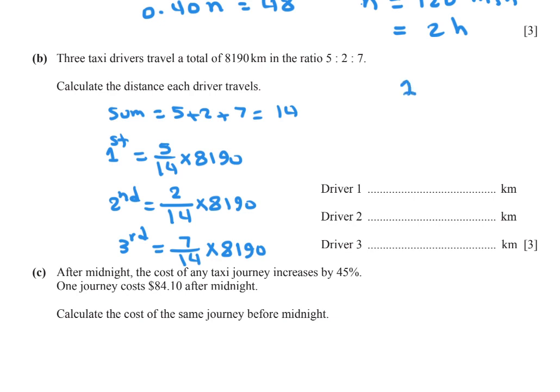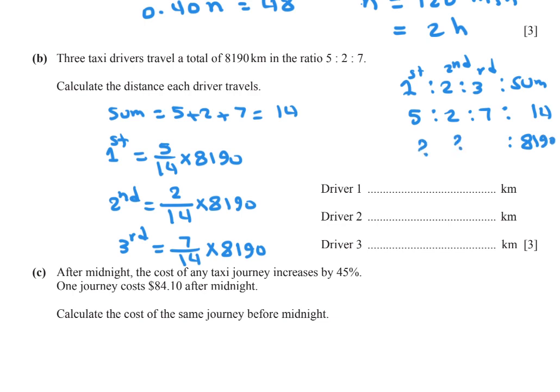Or you can use the cross multiply method. First, the ratio between the first, second and third is 5:2:7, and the sum is 14. Now we have the total, which is 8,190. With the cross multiply method, to find the first, 8,190 times 5 divided by 14.